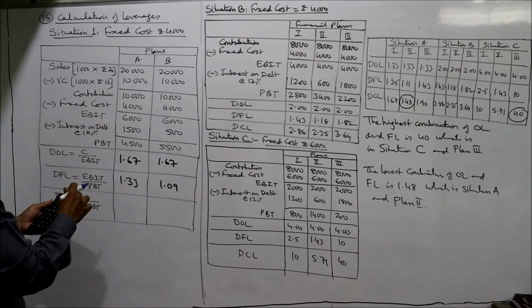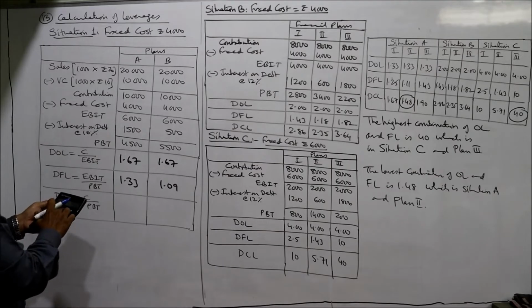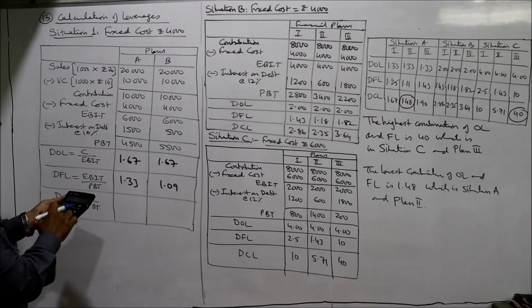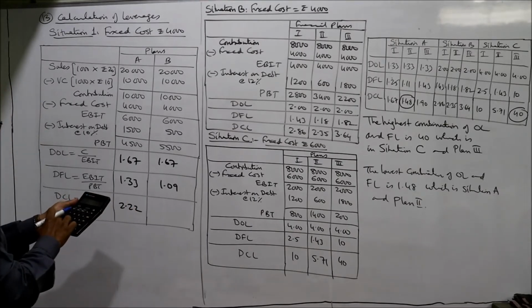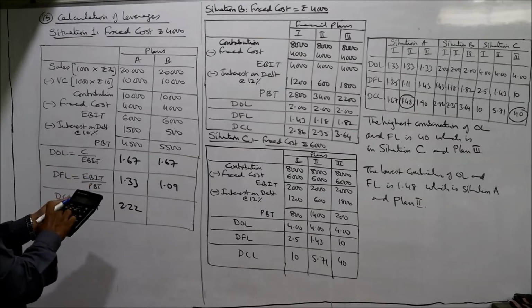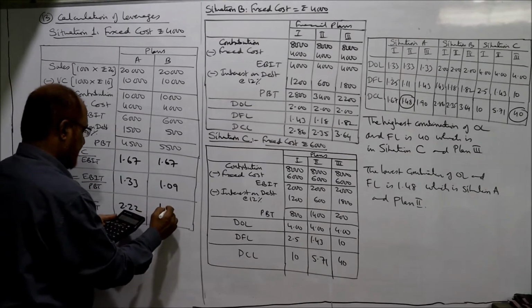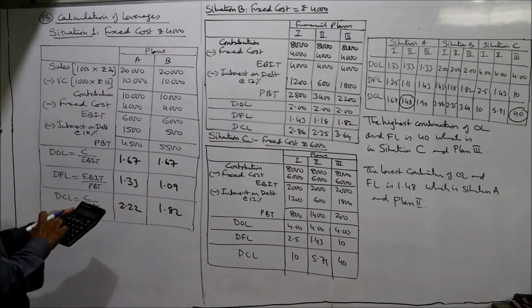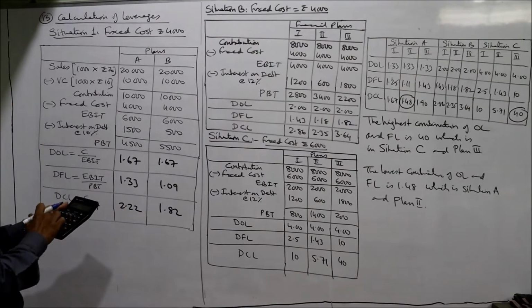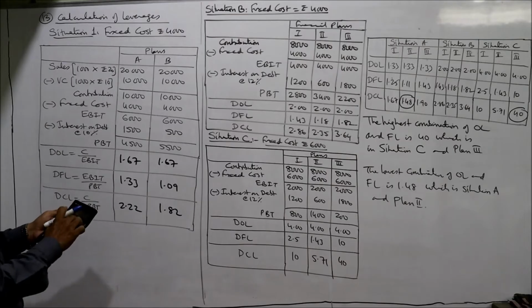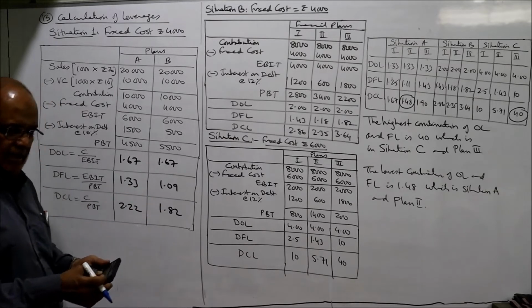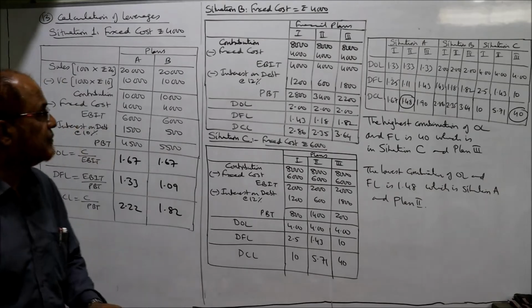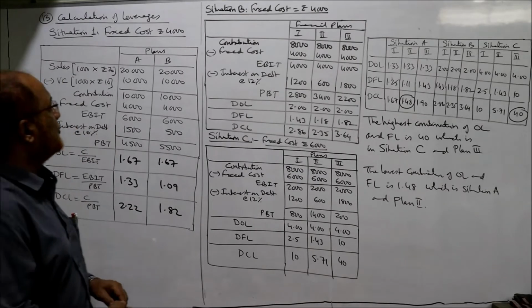C by PBT, 10,000 divided by 4,500, 2.22. Similarly, 10,000 divided by 5,500. We can confirm it. 1.67 into 1.33 is 2.22, correct. 1.67 into 1.09 is 1.82, right? Our calculations are correct. Confirmed.